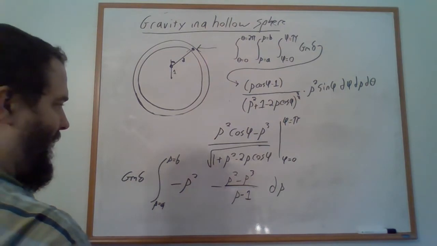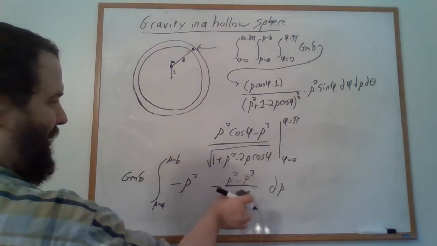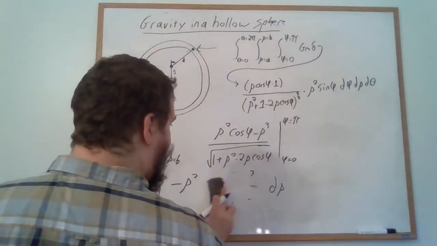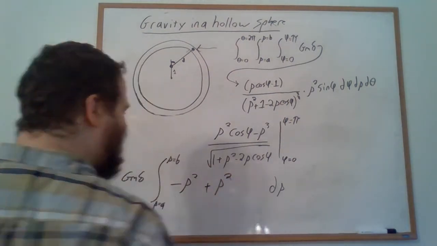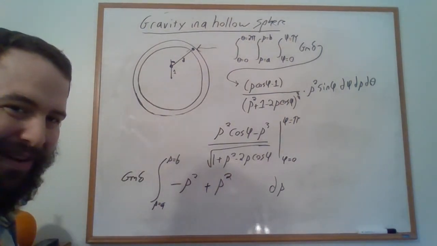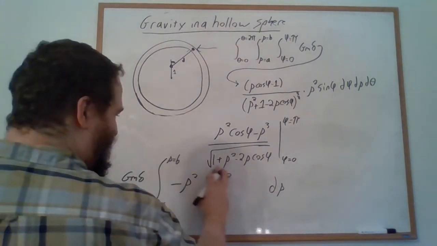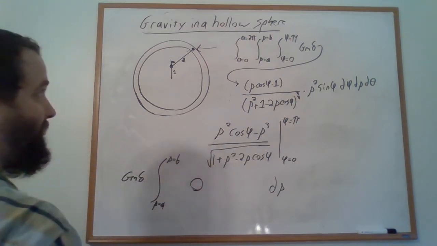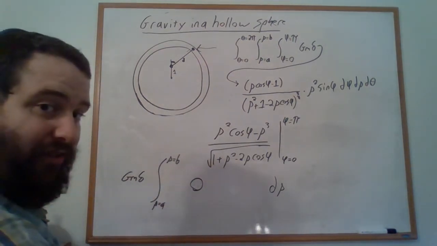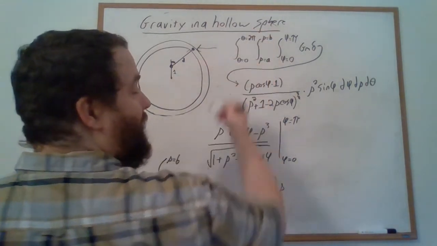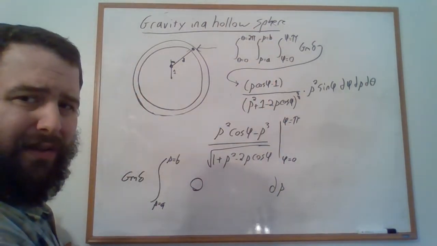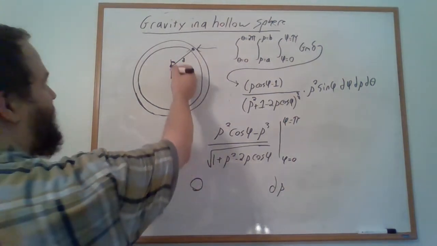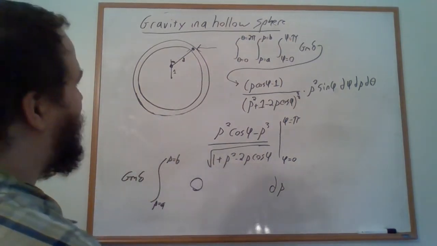We will get a positive, so here we get a negative rho squared, and then there's another minus sign, so we get a positive rho squared. You see where this is going now. This gives us 0. So even when we multiply by GM delta and then take the integral from 0 to 2 pi, which is really just going to multiply the answer by 2 pi, we're going to get 0 for our gravity that's affecting this particular point here. So that's the cool thing.